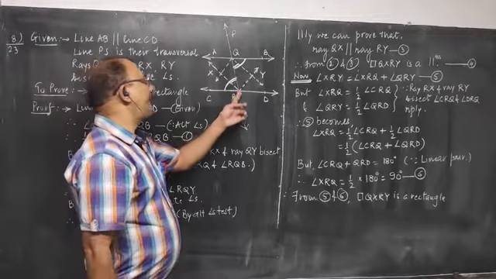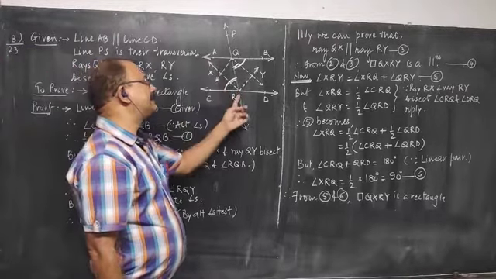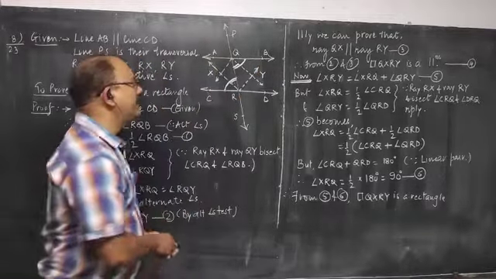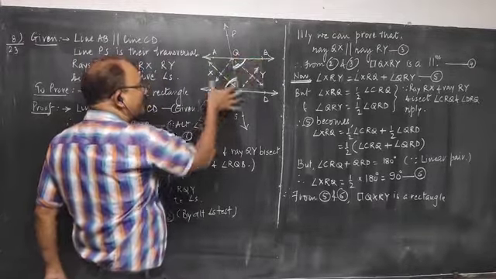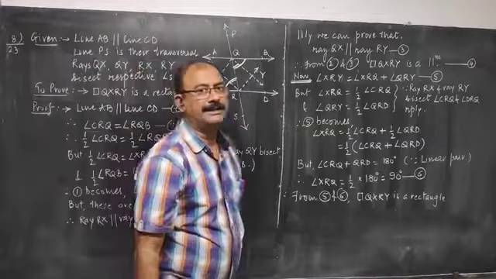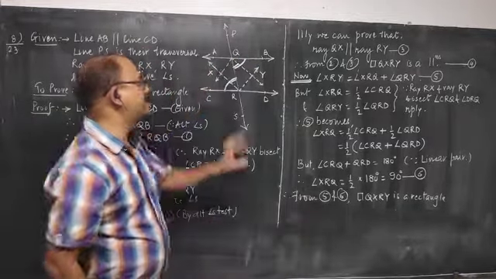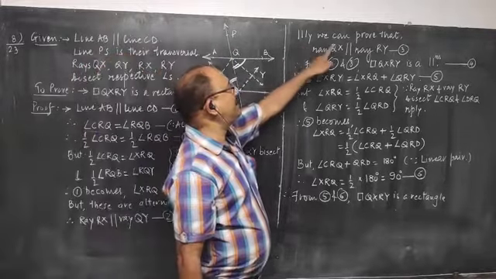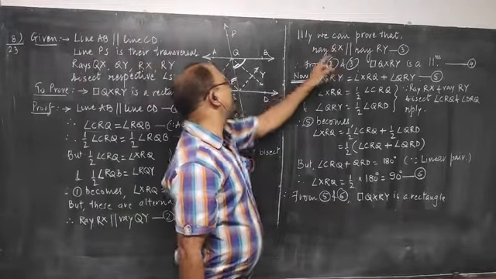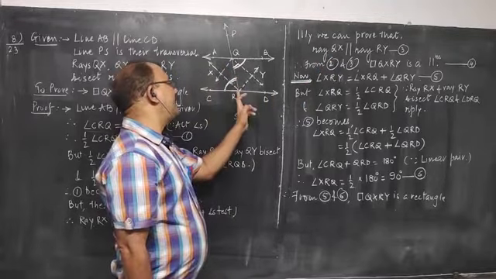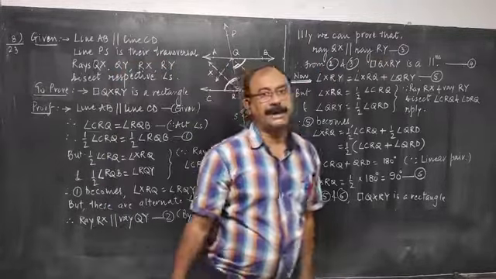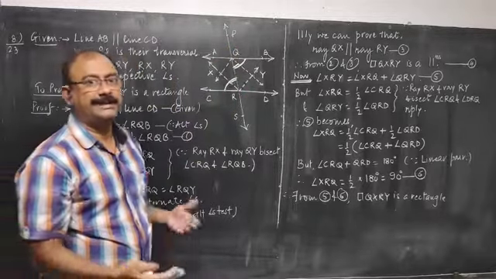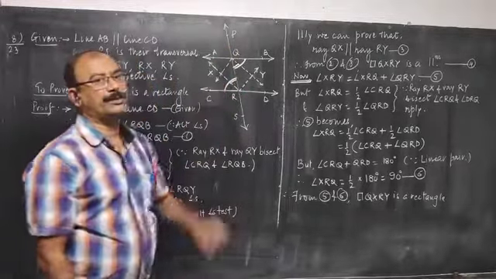Now if I have proven that RX and QY are parallel, in the same manner we can prove that QX and RY, that is the second pair of opposite sides, are also parallel. So we have written, similarly we can prove that ray QX and ray RY are parallel.